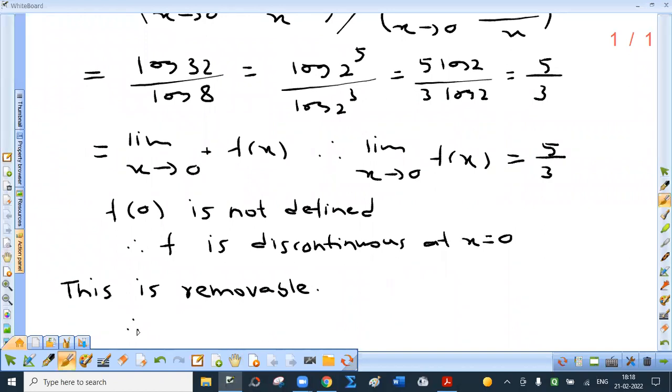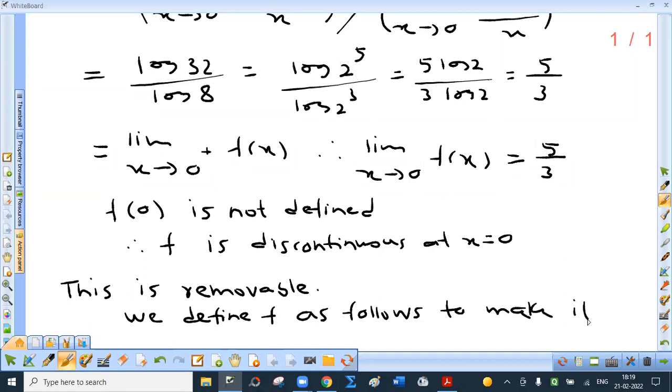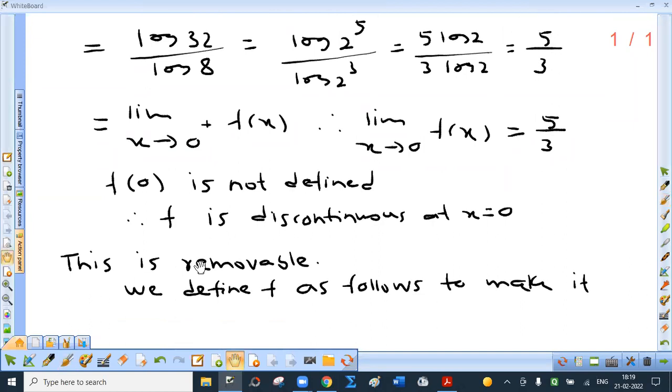Therefore, or I will say, we define the function as follows to make it continuous. Right?